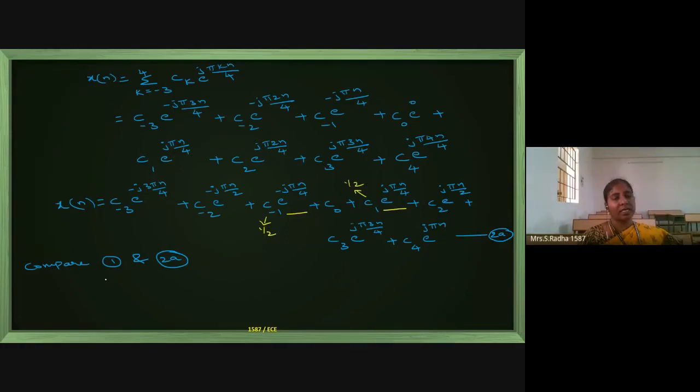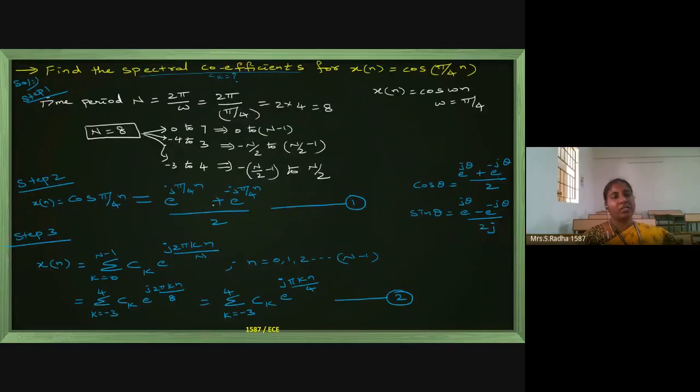So after comparison, c minus 1 value I got plus 1 by 2 and c plus 1 value I got plus 1 by 2. No other factors are present in equation 1, only these two exponentials are there.